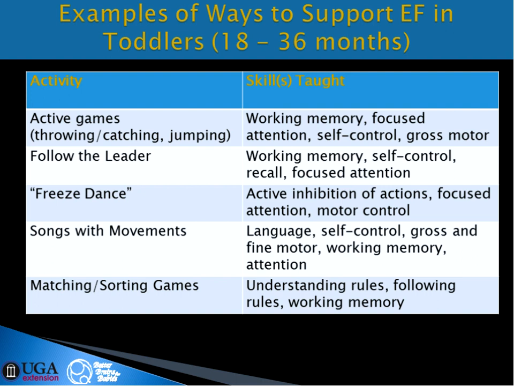And then there are things like matching and sorting games. Toddlers love to put things in buckets and dump them out, to stack things, to fit nesting cups together, to fit shapes into shape sorters, all those kinds of things. And they're practicing a lot of working memory, cognitive flexibility, understanding the rules, following the rules, trying something new.